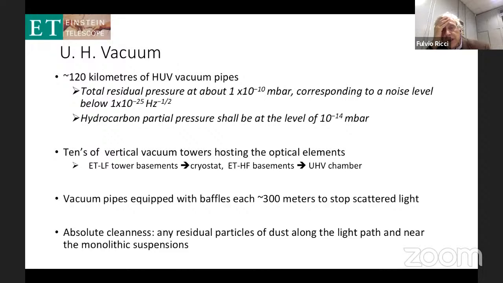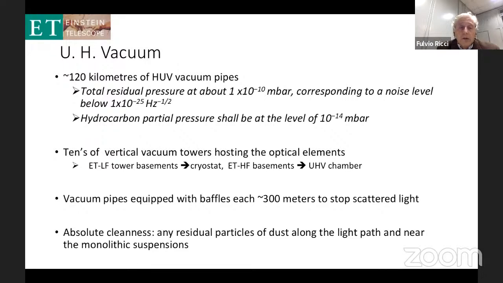There are tens of vertical vacuum towers hosting the optical elements. This includes the lower part and upper part of the towers, similar to the Virgo design. In the case of the low frequency interferometer, LF, the tower basements are cryostats, while in the case of HF they are ultra vacuum chambers.